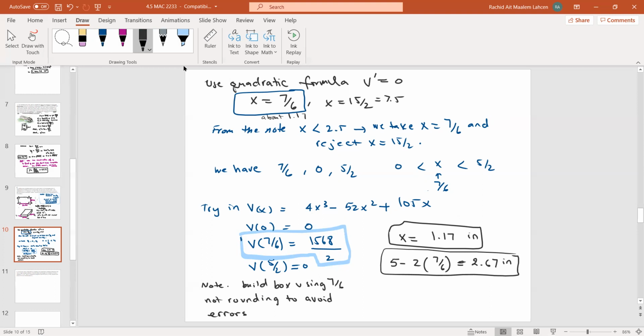And the next dimension is 21 minus 2 times 7/6, which is going to be 18.67 inch.